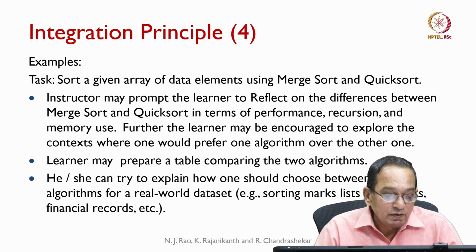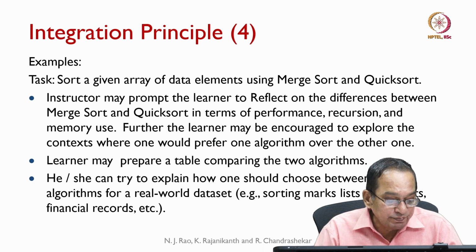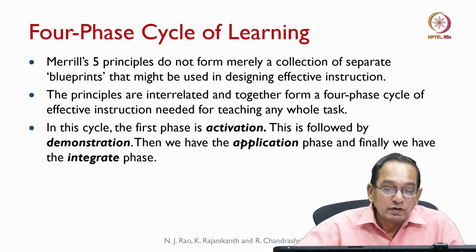The learner may prepare a table comparing the two algorithms. He or she can try to explain how one should choose between these algorithms for a real world data set. Example, sorting the marks list of students in a classroom, financial records of an individual, etc.